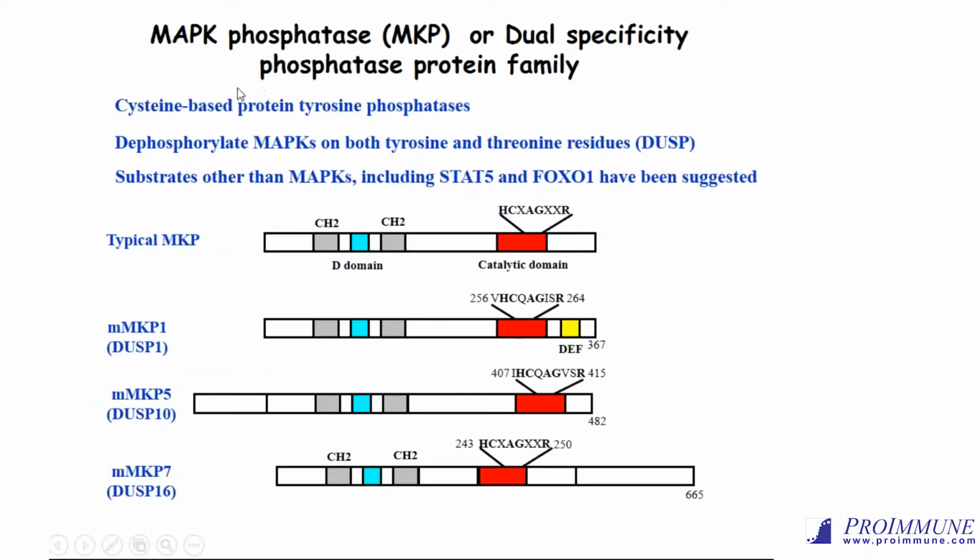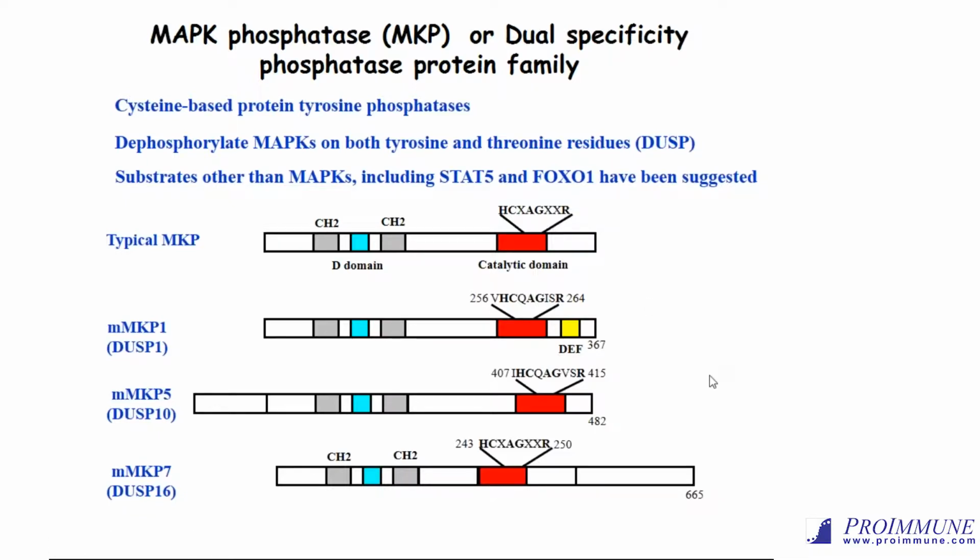So what are these MKPs or the DUSPs? These DSPs or MKPs are cysteine-based protein tyrosine phosphatases. They are able to dephosphorylate both the tyrosine and the threonine residues in the activation loop of the MAPK.